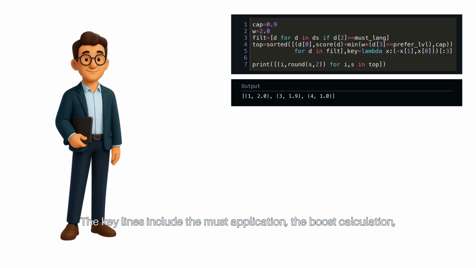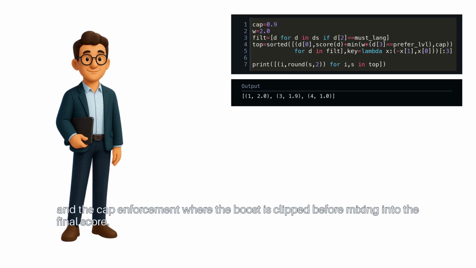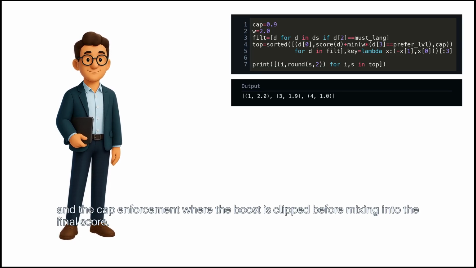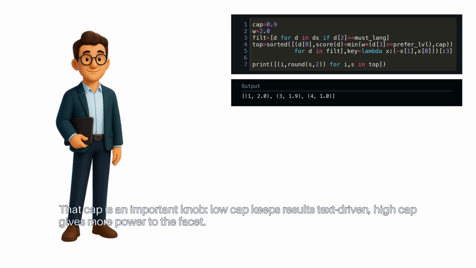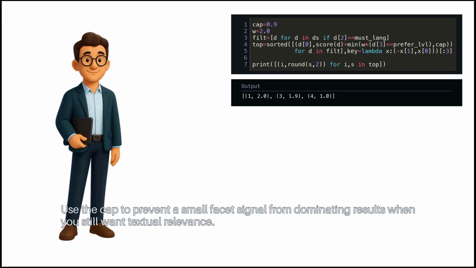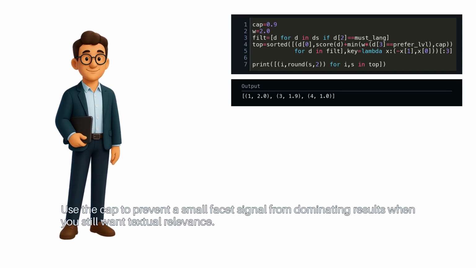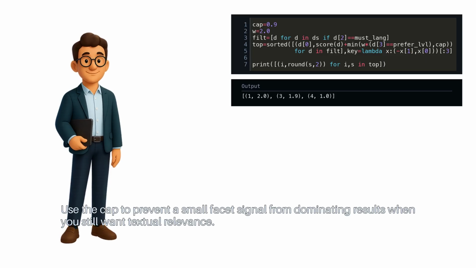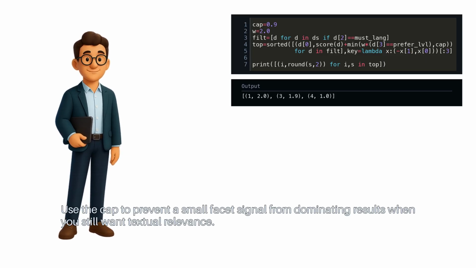The key lines include the must application, the boost calculation, and the cap enforcement, where the boost is clipped before mixing into the final score. That cap is an important knob. Low cap keeps results text-driven. High cap gives more power to the facet. Use the cap to prevent a small facet signal from dominating results when you still want textual relevance.